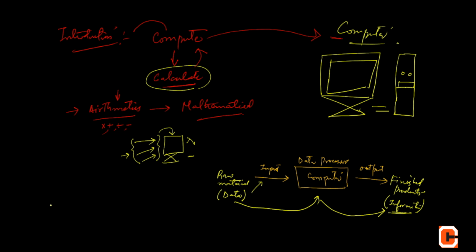Now there are a lot of characteristics of a computer. Let me point out some of them here. Computers are, first of all, automatic, most important. Secondly, they have a lot of speed.